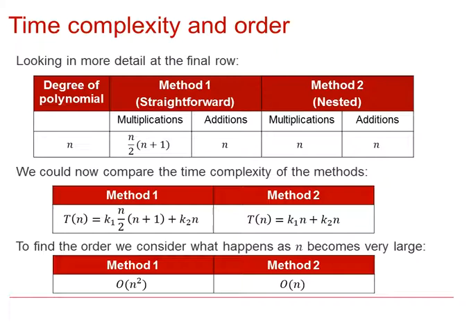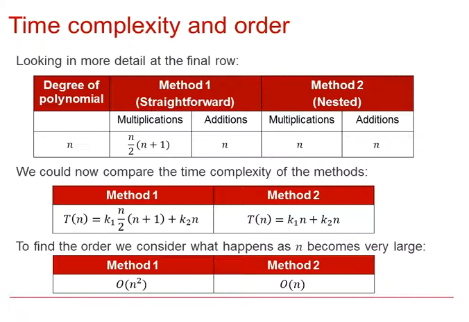So, for example, the time complexity of K1 times n(n plus 1) over 2, plus K2n, will actually become a function mostly of n squared, and therefore we would say the order is n squared for method 1.